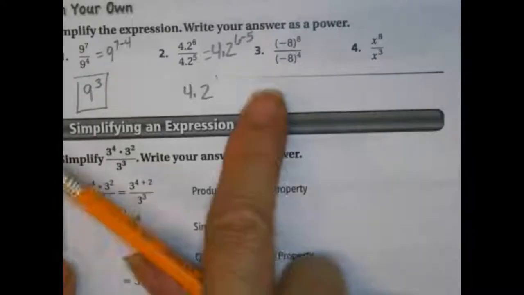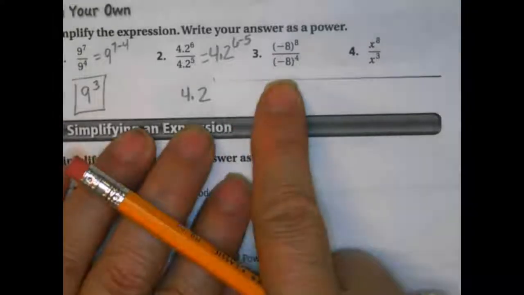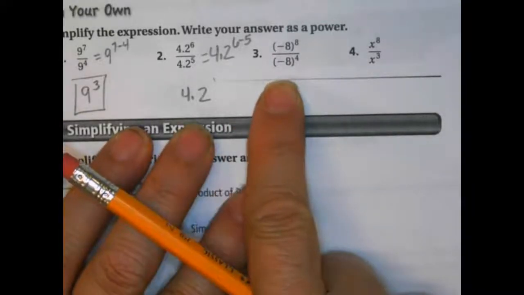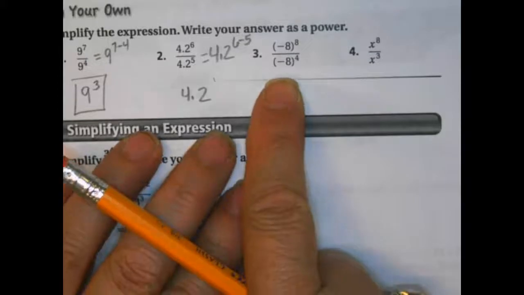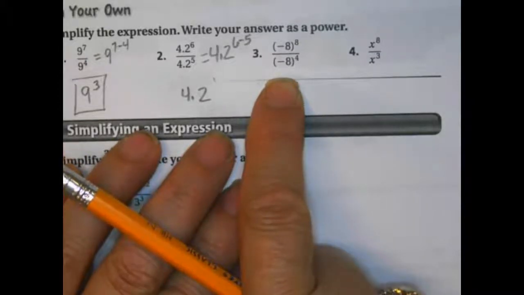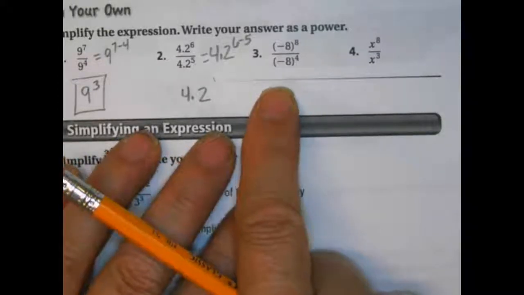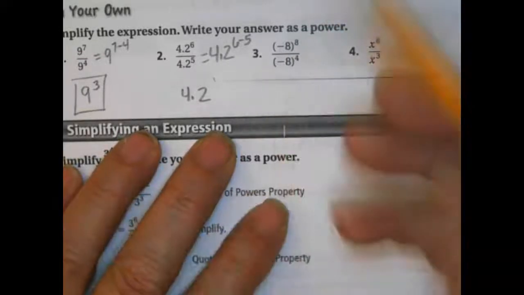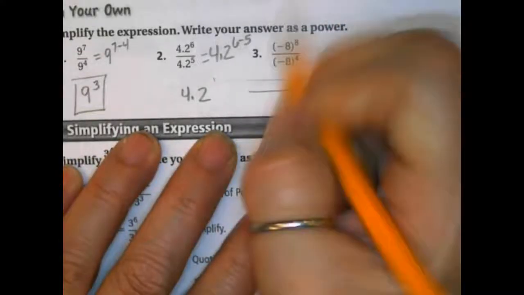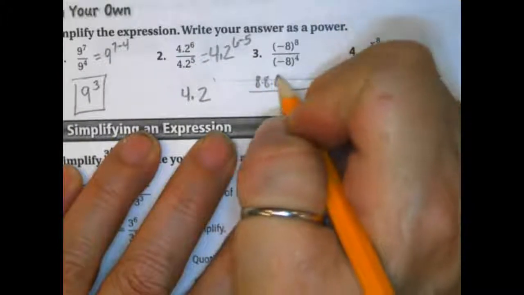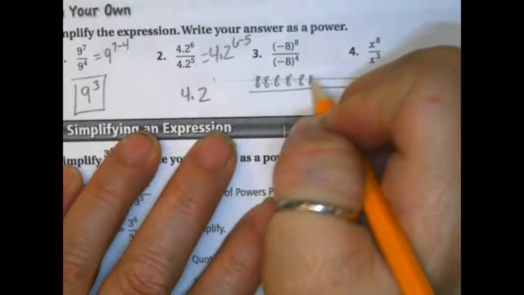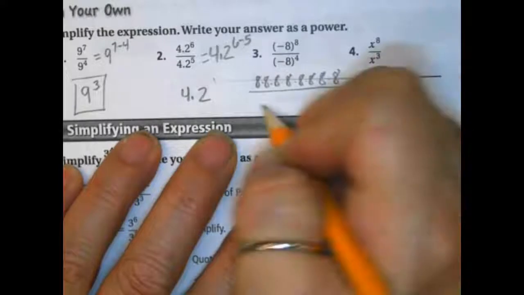Okie dokie. So let's go ahead and look at number 3. Matthew, how did you do number 3? Did you do the fraction bar or did you do a subtraction? So you went ahead and wrote 8/8 over 4/8?